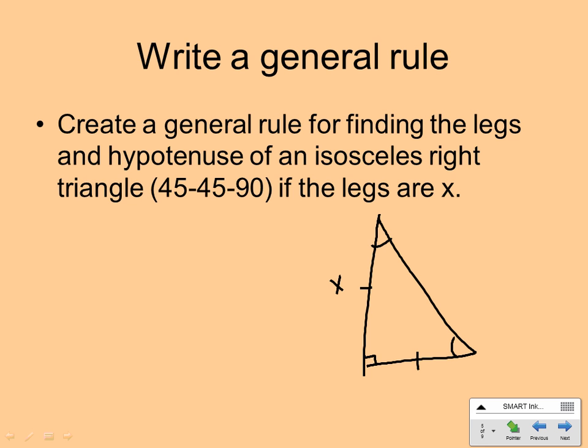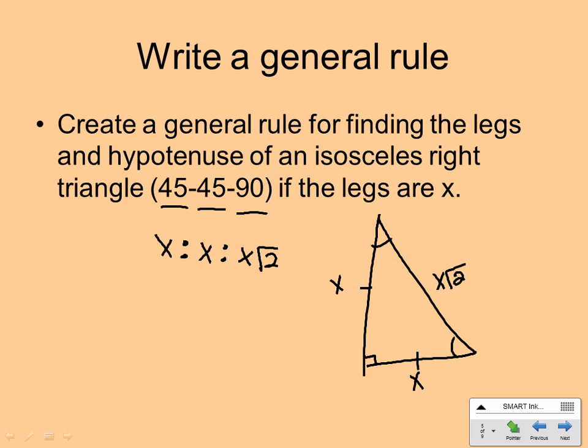So this is x, this is x, the hypotenuse is what? So if I have a 45, 45, 90 degree triangle, I have the side ratios of x to x to x radical 2.